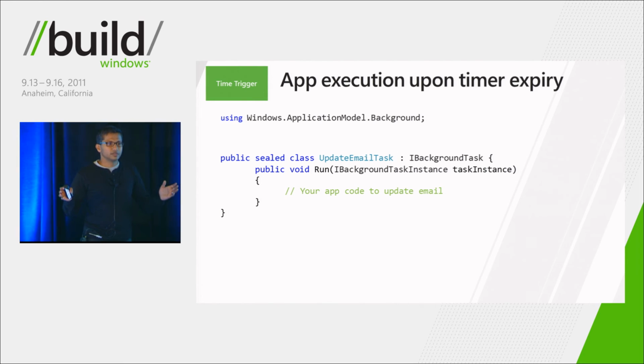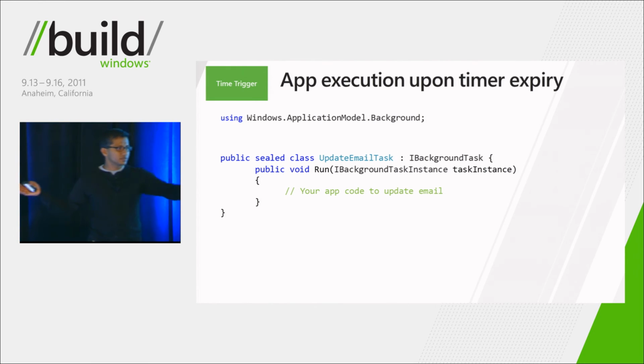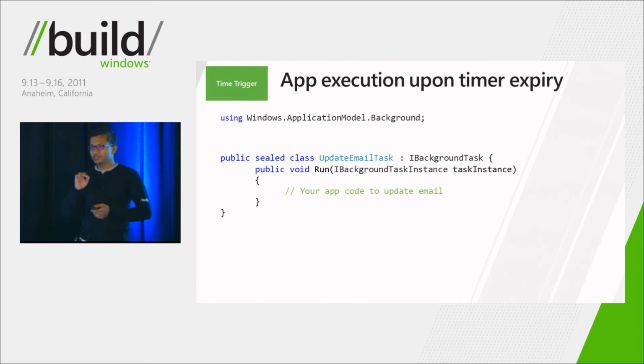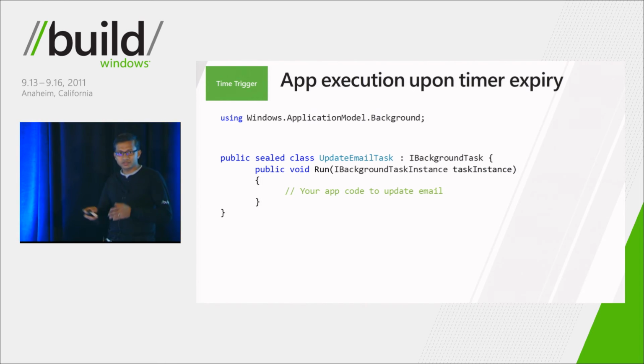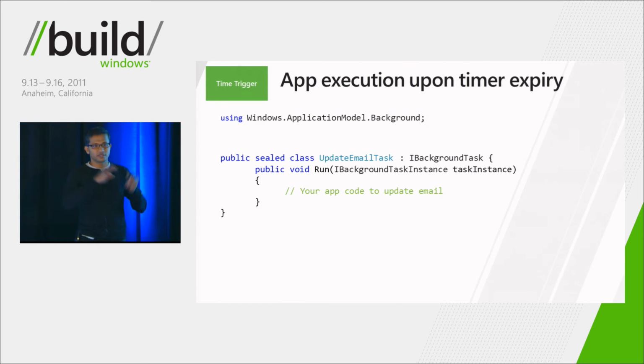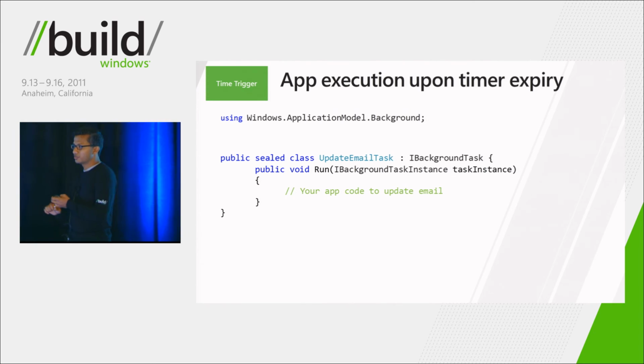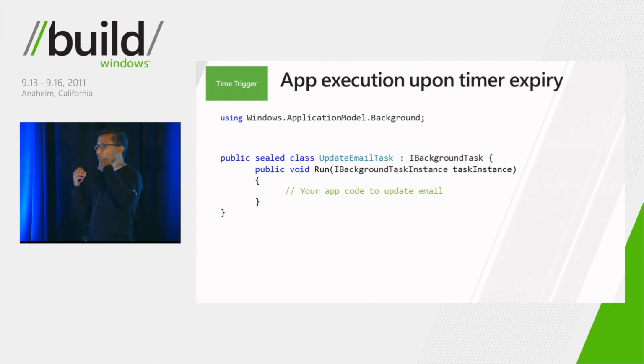So through the set of slides, we saw snippets of what you have to do. There are a few things that we haven't gone into details, in the interest of time and the interest to keep you guys awake. We haven't gone through manifest declaration. We haven't gone through details as to what kind of things can you do in the background task.